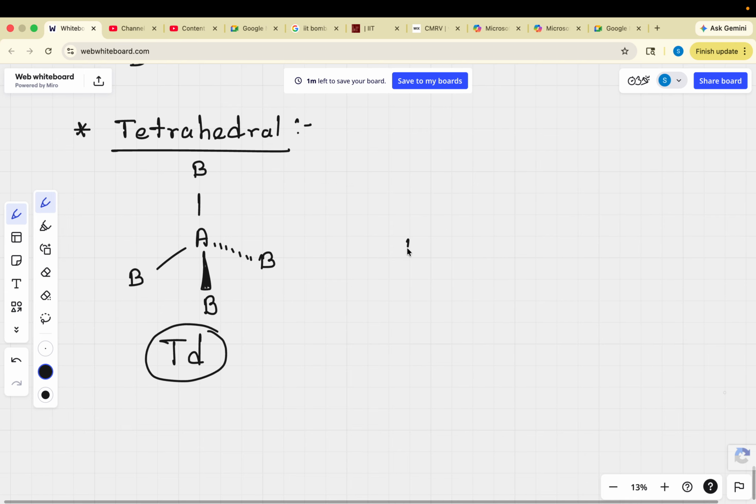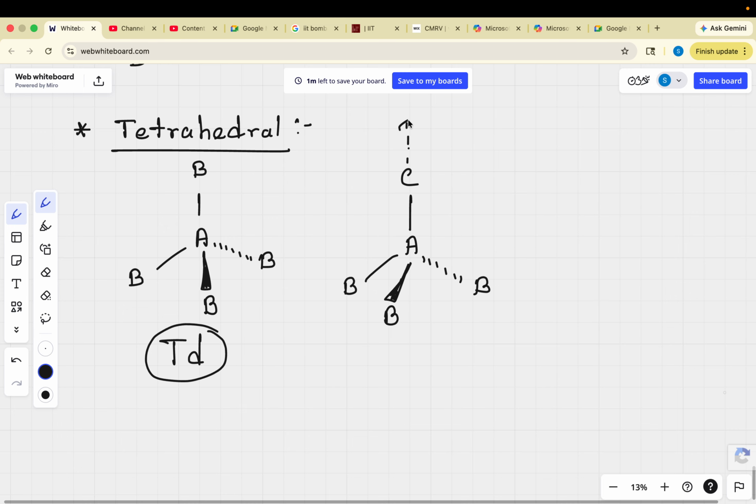Now suppose I am changing one of the atoms, so I am changing it to C, and the rest of the atoms are like this. So now it looks like your ammonia molecule, you have 3 hydrogen and here you have a lone pair, right?